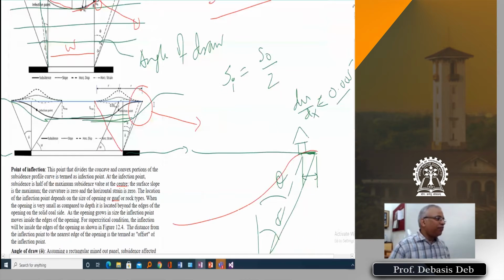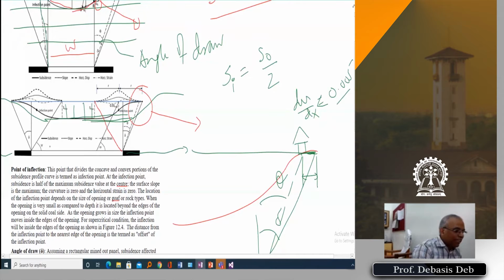And the angle of major influence is for supercritical only. It normally doesn't happen for subcritical. Wherever we have seen the maximum subsidence, this is all maximum subsidence here.